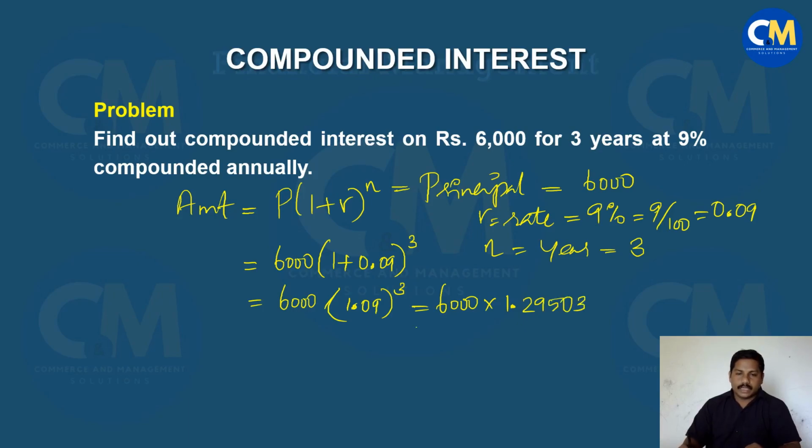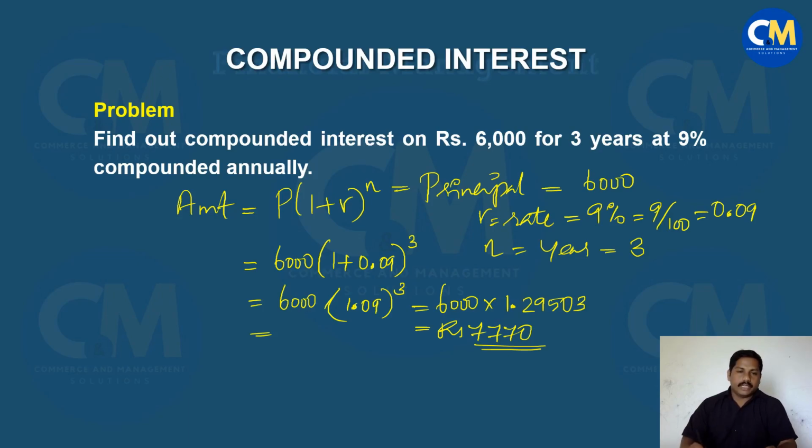Then you will get the answer. The total amount will be rupees 7,770. This is the total amount the person is going to get if you are investing 6,000 rupees for 3 years at the rate of 9% in a compounded interest model.